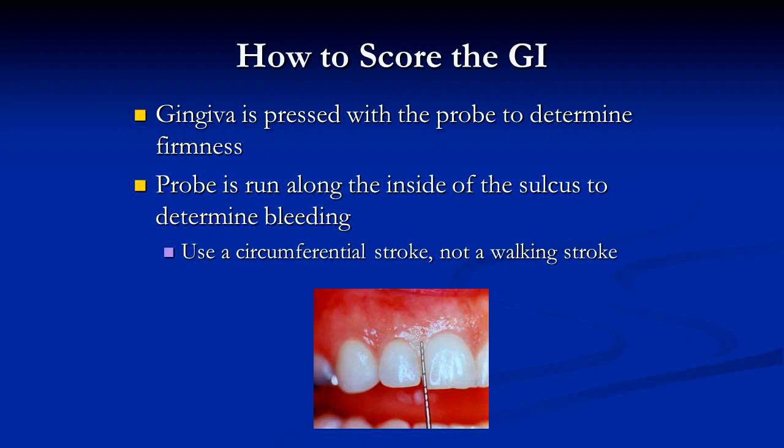It's like you're doing a circumference stroke, not a walking stroke. So you're not bobbing up and down. You're just going from distal to mesial, about 1 millimeter inside the pocket. And then basically what you're looking for is bleeding. So if there's bleeding there or not.